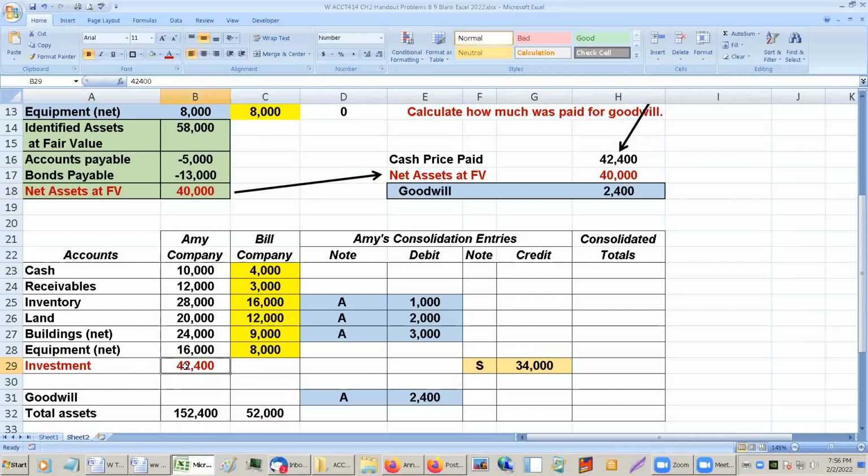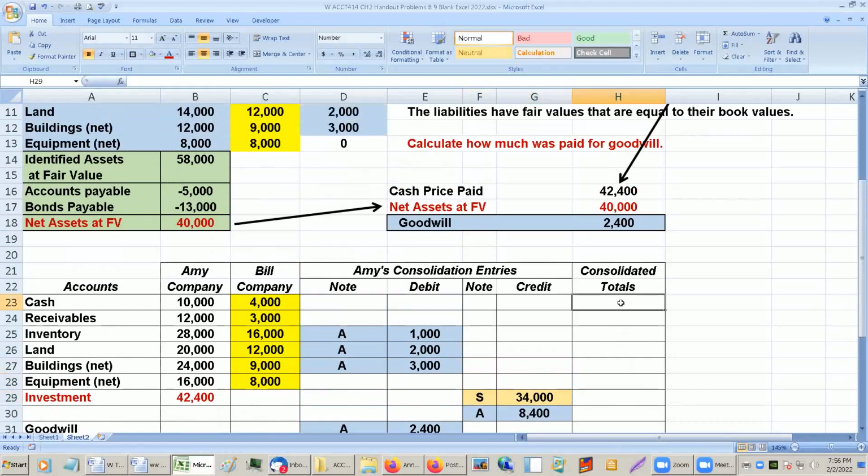So we're going to get rid of this investment account and put the Goodwill on the books. Hopefully, that'll wipe out that account.